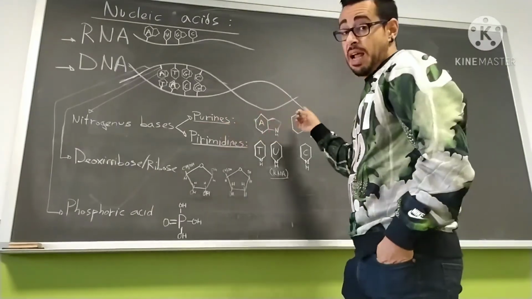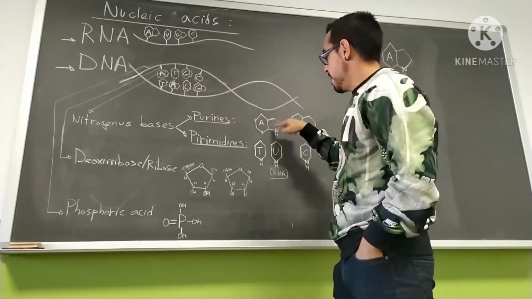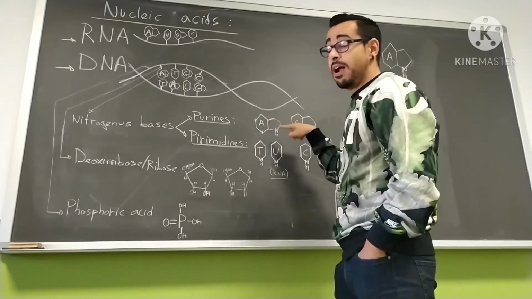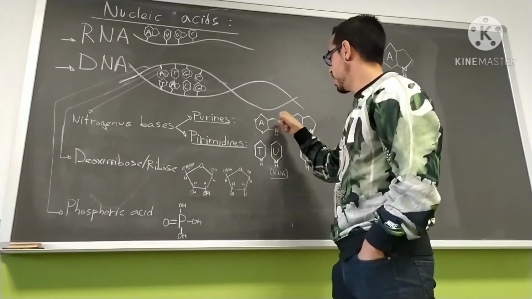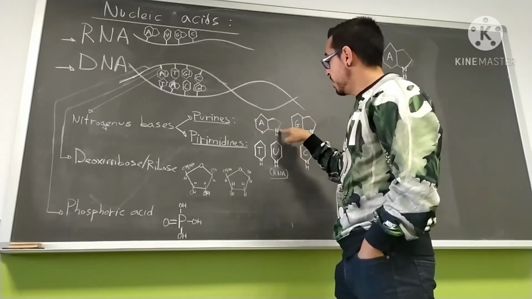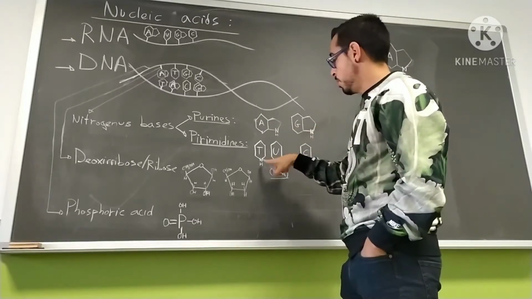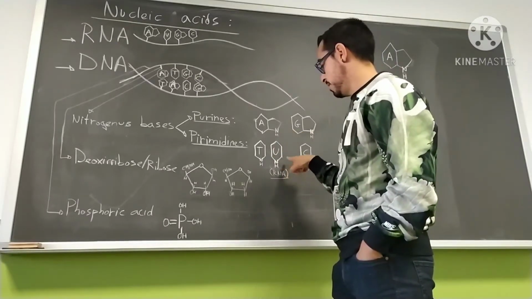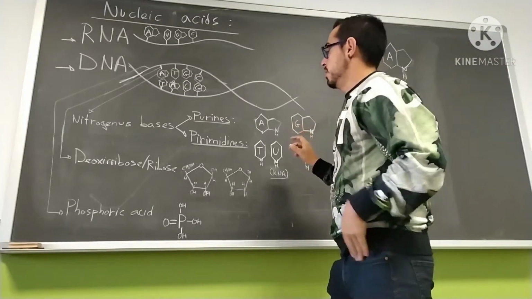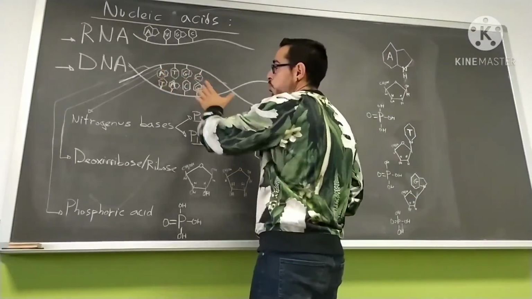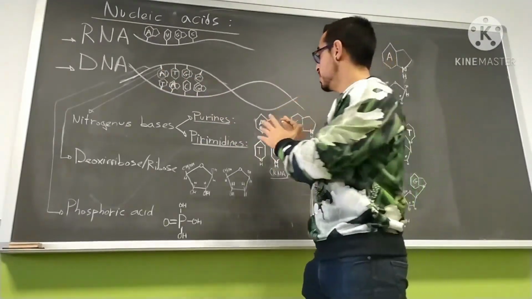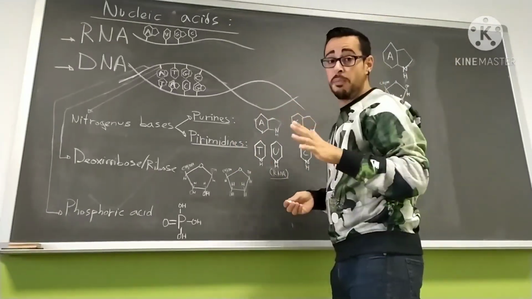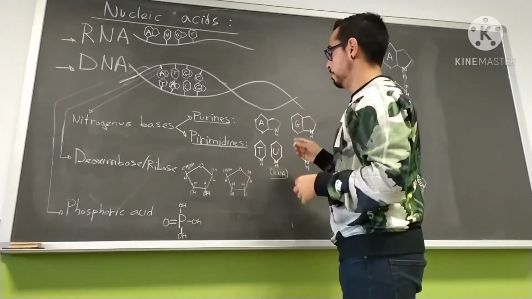Nitrogenous bases are rings of carbons with this structure, and they have a nitrogen atom with hydrogen, as you can see here. This is about the nitrogenous bases. They are like the alphabet that contains the information and the genes.